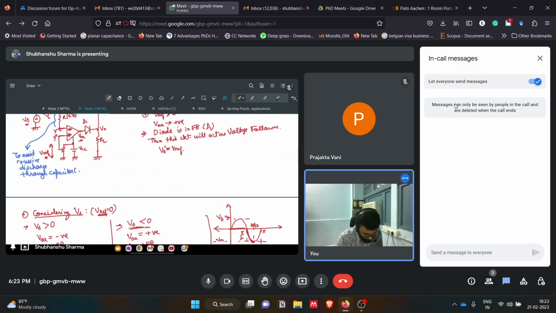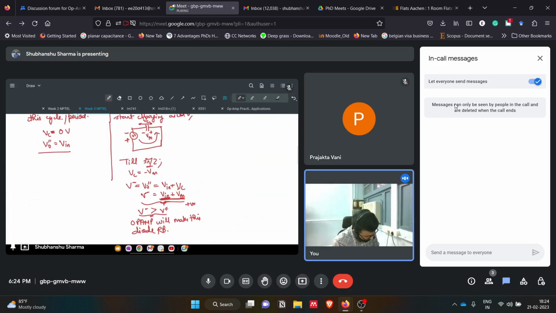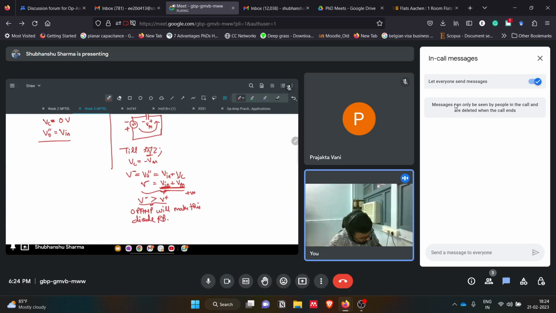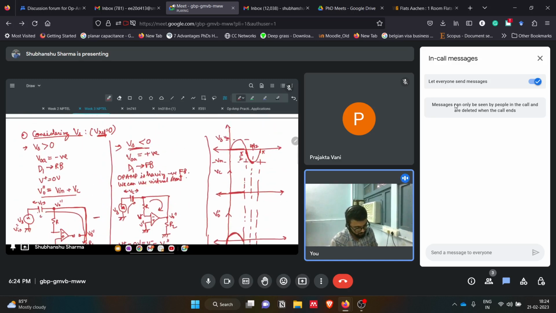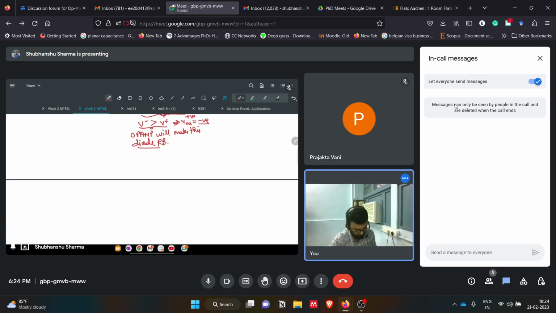Yes, V minus is positive, so finally this whole thing is positive, so it is greater than the non-inverting side of the op amp. So finally we got the output that implies VOA is negative. So this diode will be reverse biased. The diode becomes reverse biased.